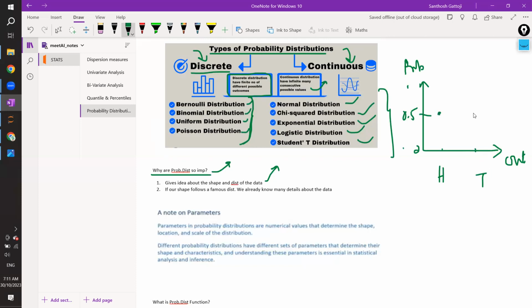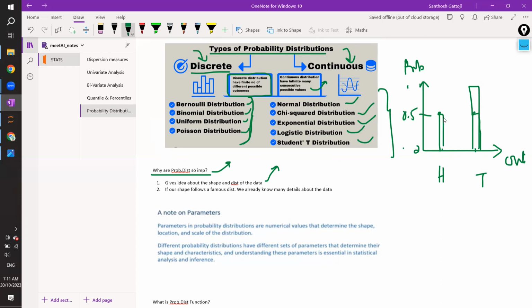What is the probability of tails? 0.5. You can draw a bar graph, for example. But if it's a biased coin, the probability of tails might be higher. So you can get a graph from the distributions directly. So that's why it is important for us to understand the probability distribution.